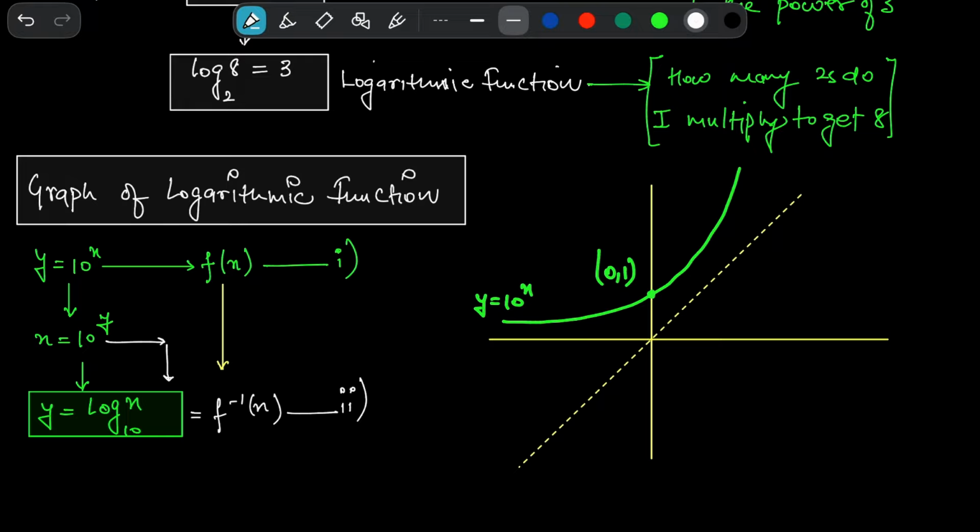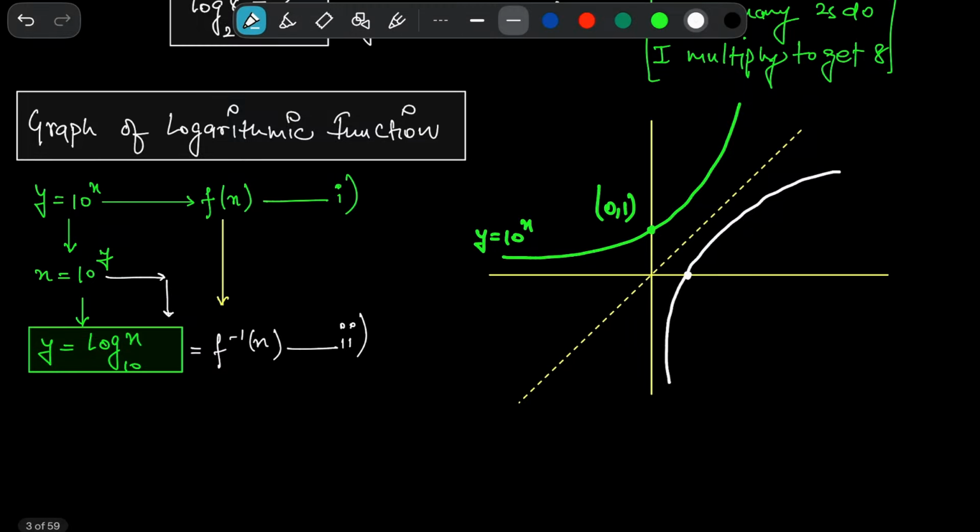Now comes the time to draw the graph for y equals log x with base 10. As I said, these two graphs are going to be the reflection of each other in the line y equals x. So these graphs are going to appear on the graph paper like this.